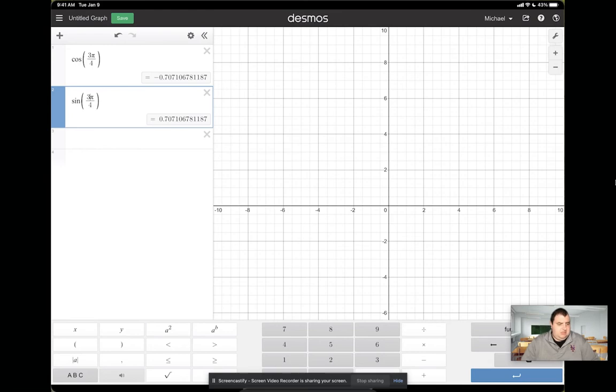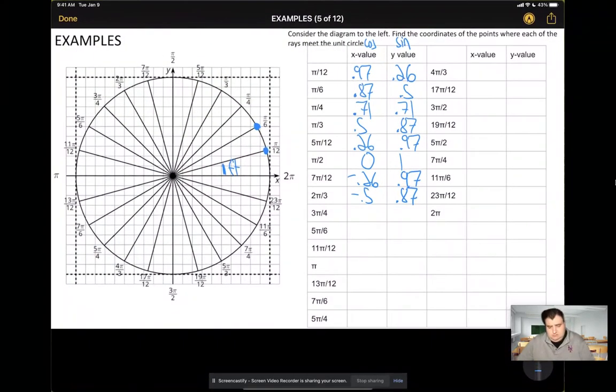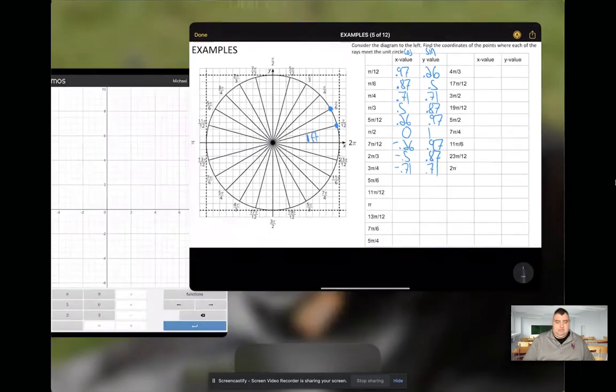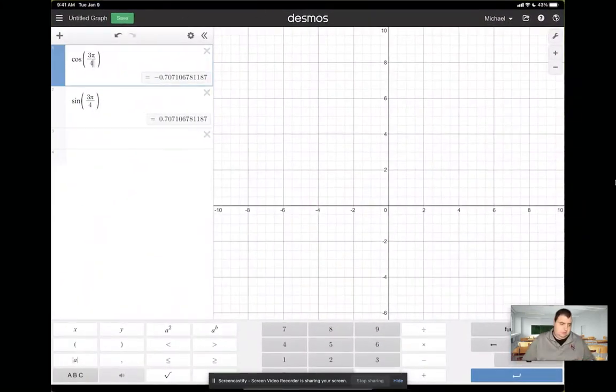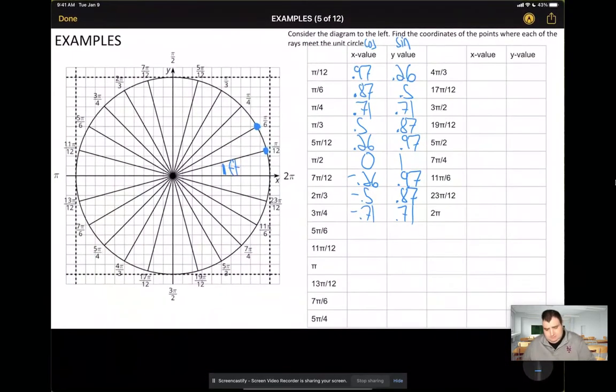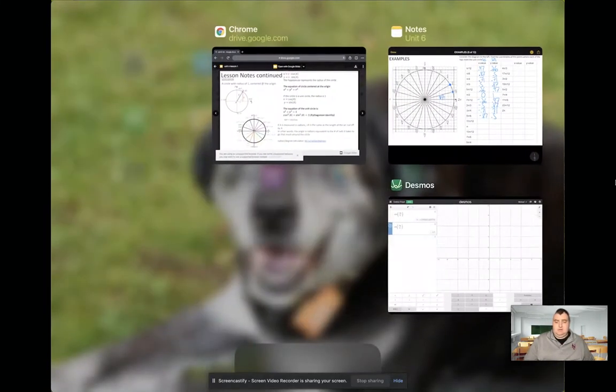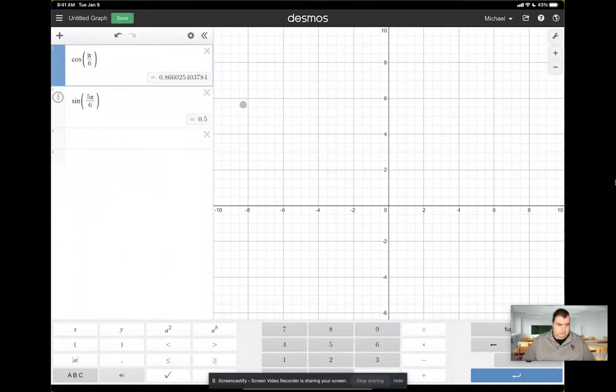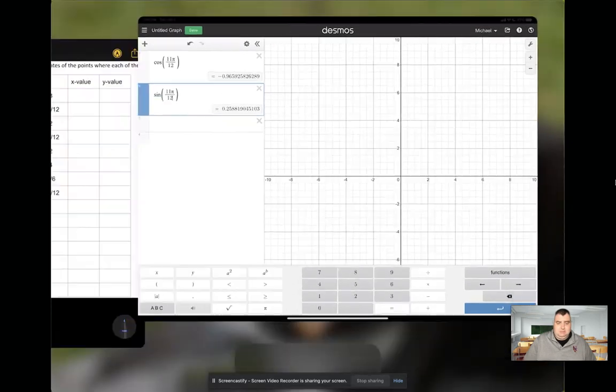So negative 0.71 and positive 0.71. 5 pi over 6. So negative 0.87 and positive 0.5. 11 pi over 12. So negative 0.97 and positive 0.26.